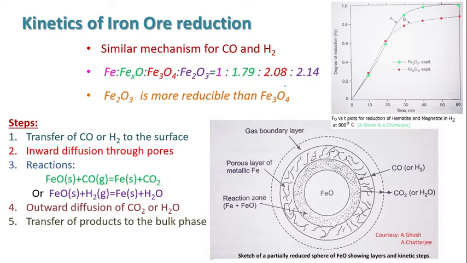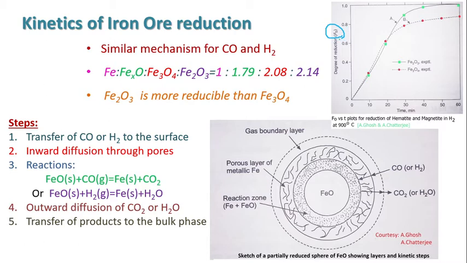We have discussed earlier about the reducibility of iron ore. That means dF0 by dt. This is the reducibility. And what is F0? F0 is the degree of reduction. This is the curve we have seen earlier. What is degree of reduction actually? It is the ratio of loss of mass of ore due to removal of oxygen to the total mass of removable oxygen in that ore.